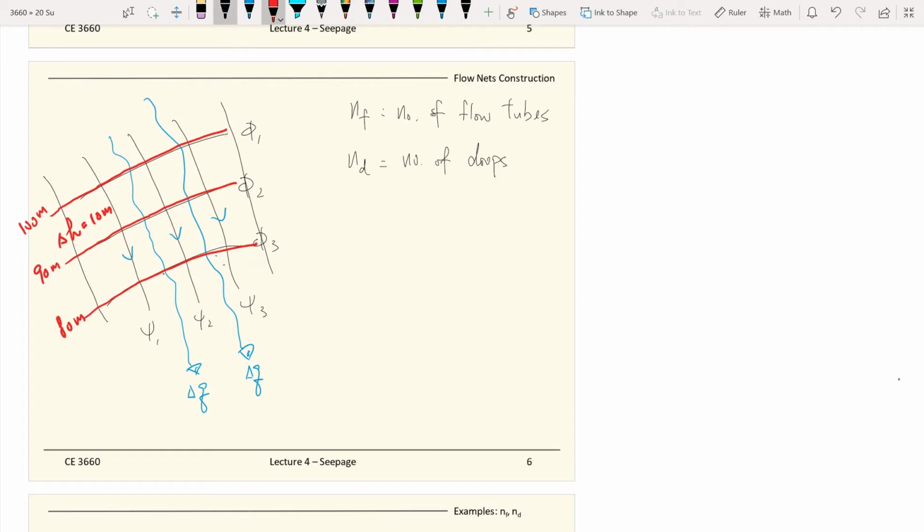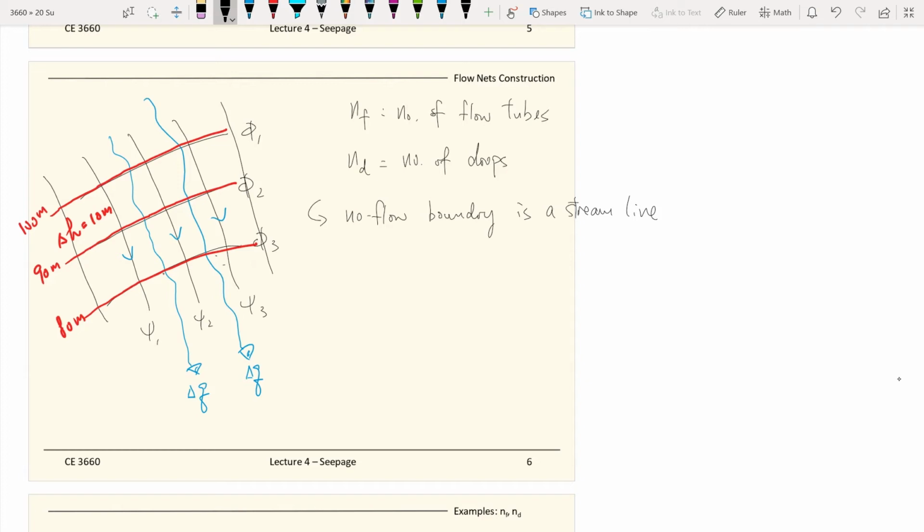And more rules over there: first, the no-flow boundary is in fact a streamline. It serves as a streamline.